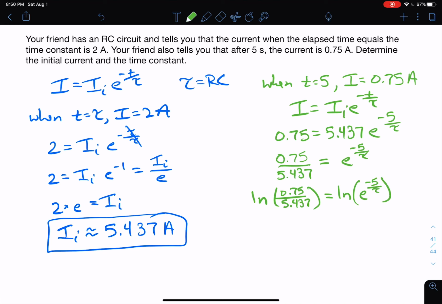But taking the natural log of the exponential function just gives us the power. These effectively cancel out and you're just left with negative 5 over tau, like so. So if I'm solving for tau, that means I'm going to do negative 5 over the natural log of this big ugly looking fraction.